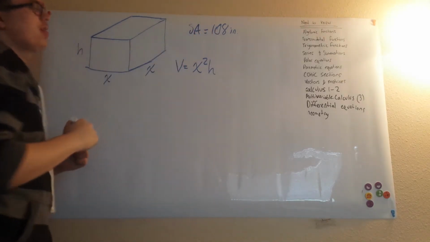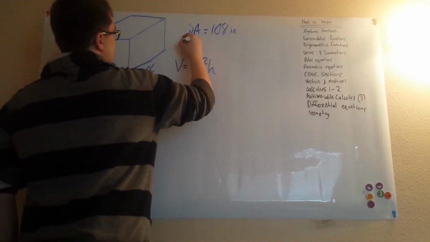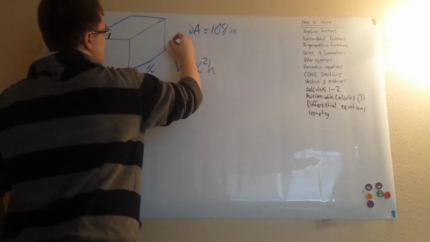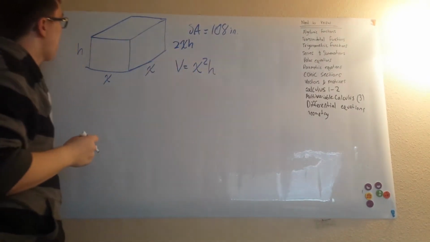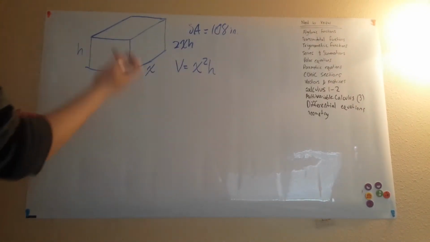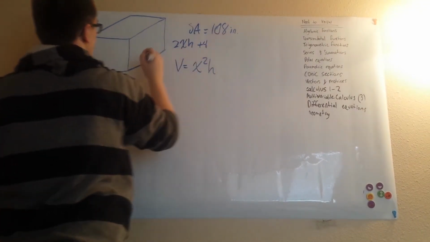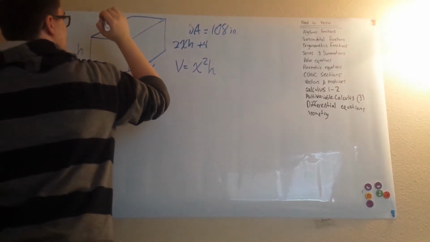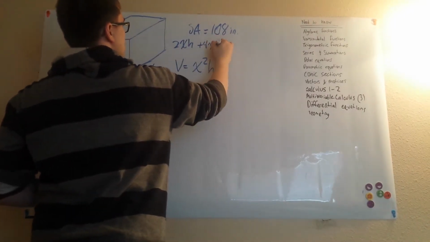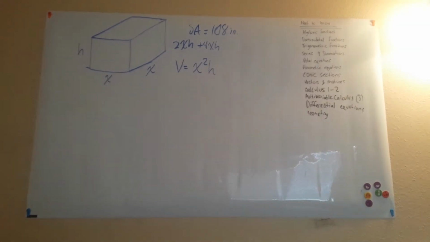So it says surface area equals 108 inches. What is surface area? Well, this is x times h, and how many sides does that have? 2, I believe. And 1, 2, 3, 4 sides of x times h. So it's really 6hx, right?